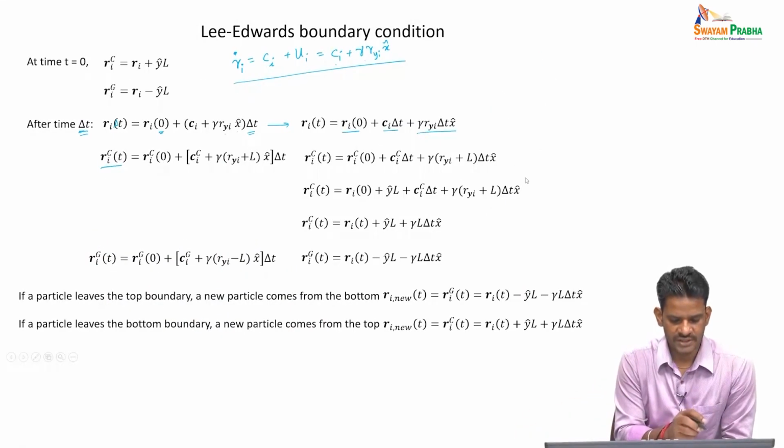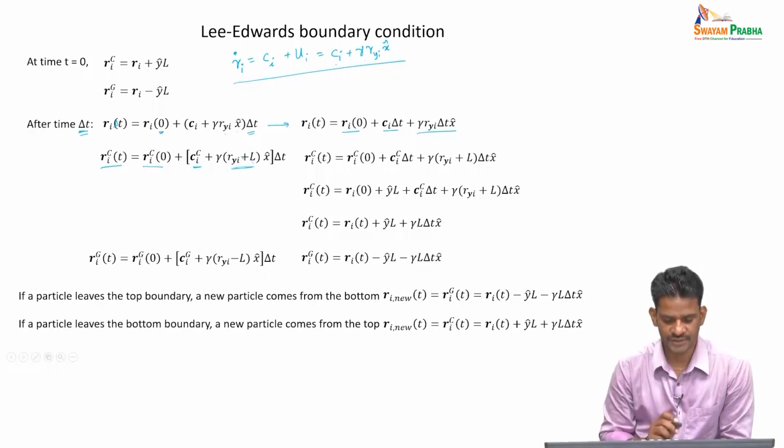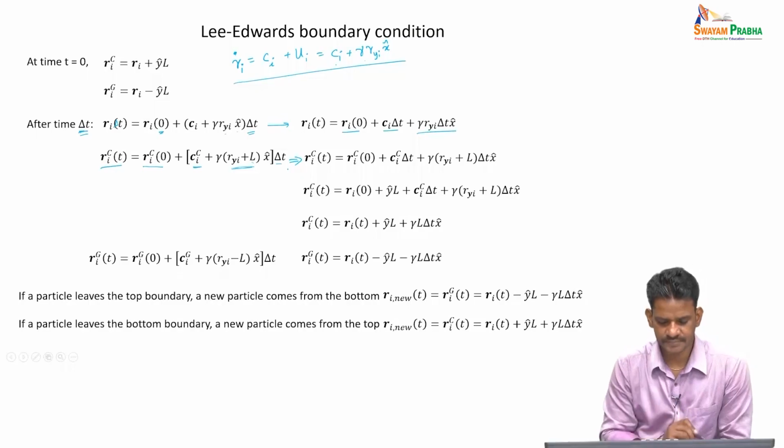In this case you can see that this is the initial position, this is the peculiar velocity of the same particle in the box C, and here you can see that the y position is now added by a factor of L, because it is in the positive direction, and then we multiply by delta t, and now we are going to expand this.